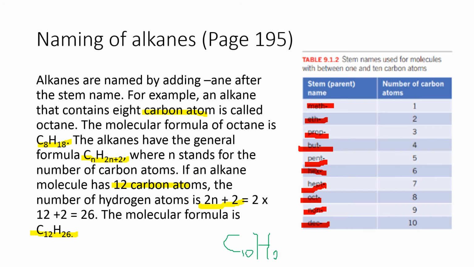The formula that we use once again is CnH2n+2, which means that if you have 10 carbon, the number of hydrogen will be 2 times 10 plus 2, which is 22.